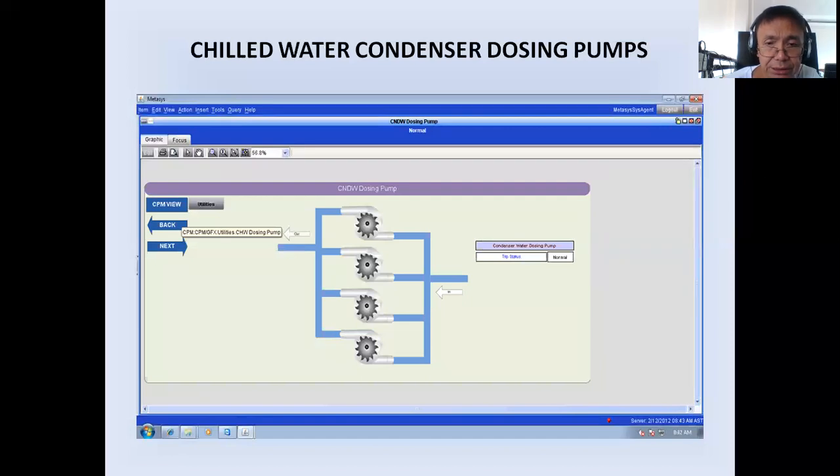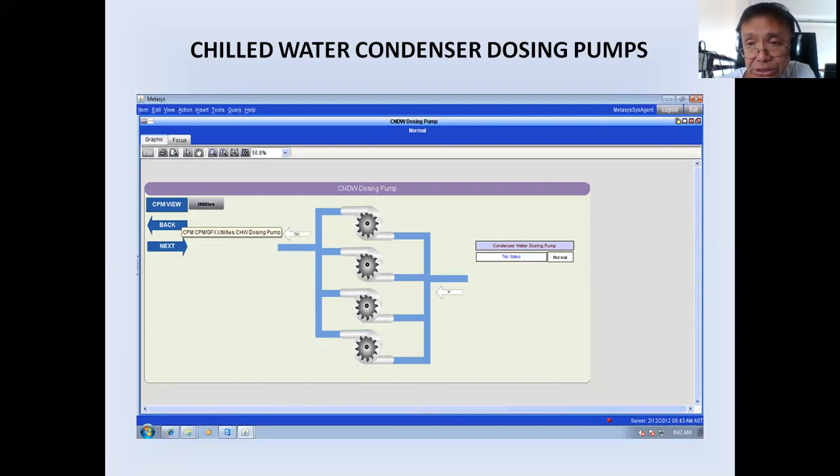Now here, this is the chilled water dosing pump. Now this is the dosing pump for chilled water. Okay, so meaning, no, this is for condenser water. So this is the one treating the condenser water. It injects chemicals for the treating of condenser water.